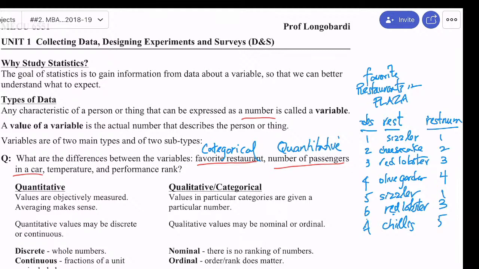Right, so you guys get it. Performance rank is categorical.